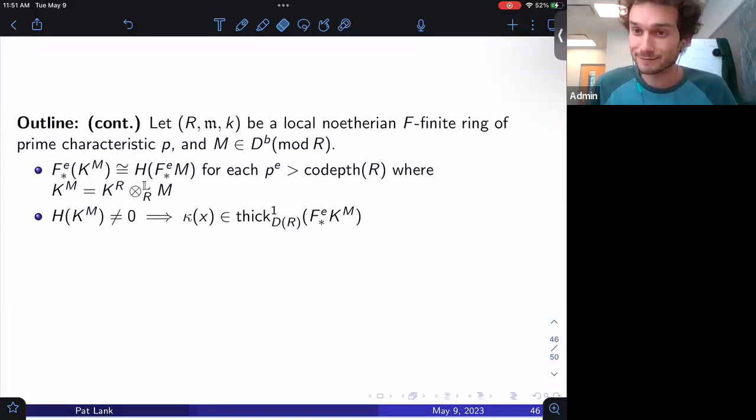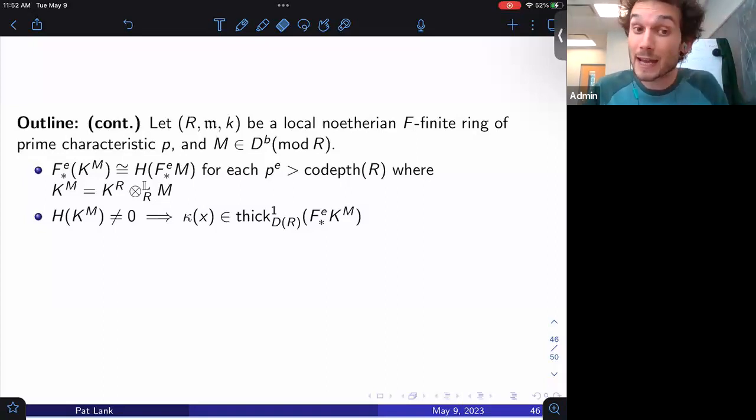So as you can see, because I'm using a local-global type of argument, we want to say something meaningful locally. So if I take a local noetherian ring R of finite Krull dimension, and I take a module, a bounded complex in D^b(mod R), if you push forward K(M) sufficiently many times, it's quasi-isomorphic to its cohomology.